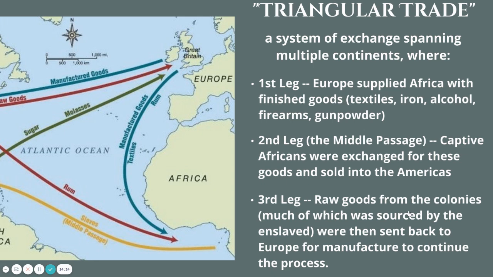Indigo, rice, right? Even working in the Northeast and in the Middle colonies. These enslaved individuals are going to be really doing the work alongside indentured servants to produce those raw materials, which will then be sent back to England to be manufactured into those products, which would then again be sent back to Africa to just continue the vicious cycle of this triangular trade.